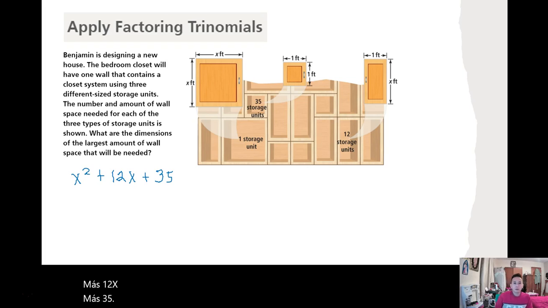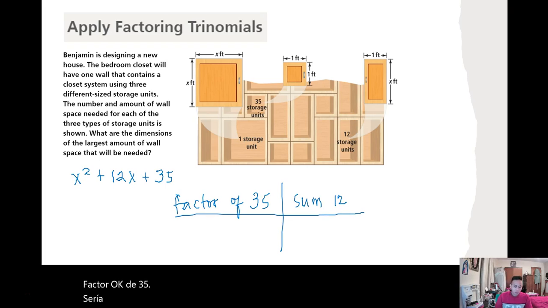Okay, and then we have to factor. Two numbers, factors of 35, and the sum would be 12. 1 and 35 will give you 36.